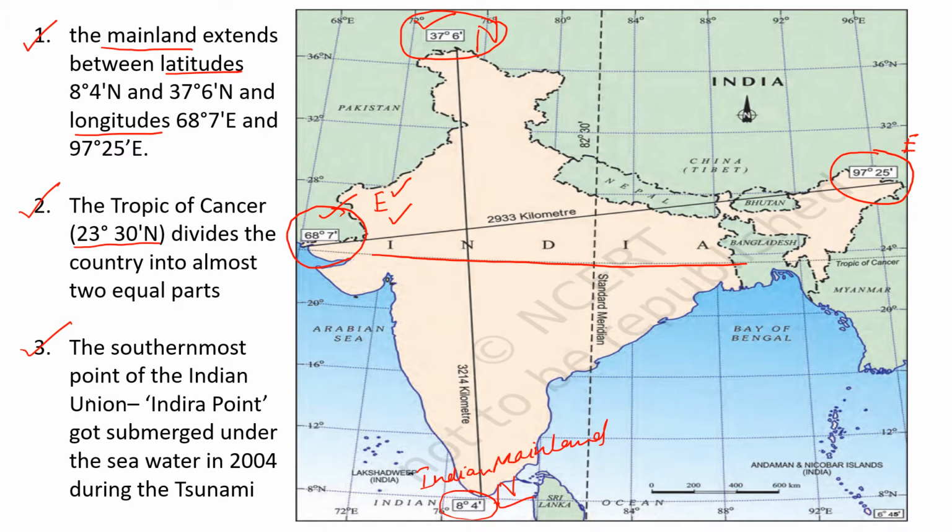The third important point is the southernmost point of the Indian Union. Remember, in the first point we talked about the mainland. The Indian mainland's southernmost point is 8 degree 4 minutes. And the southernmost point of the Indian Union is Indira Point, here, at 6 degree 45 minutes.